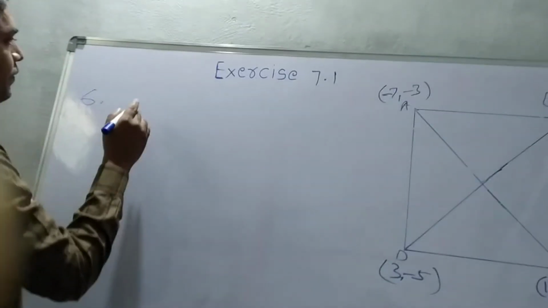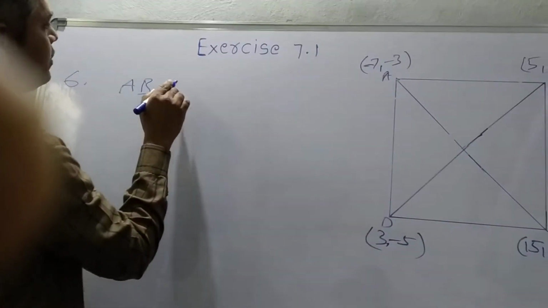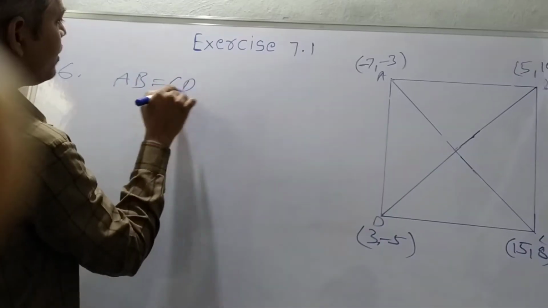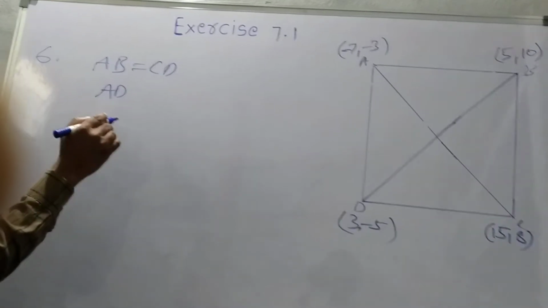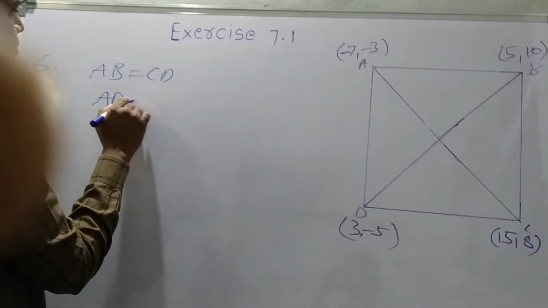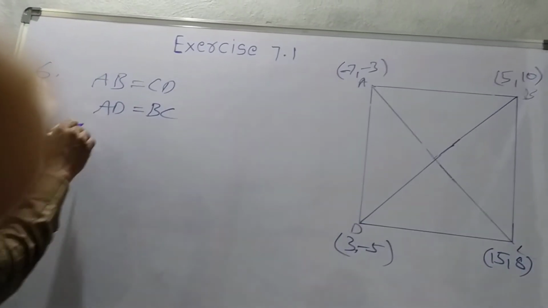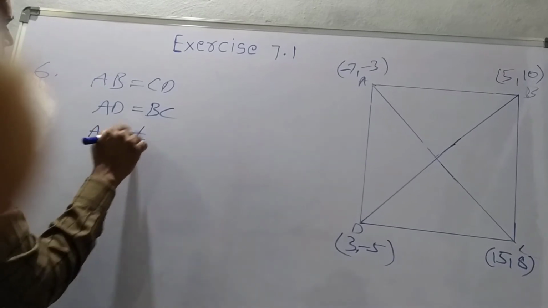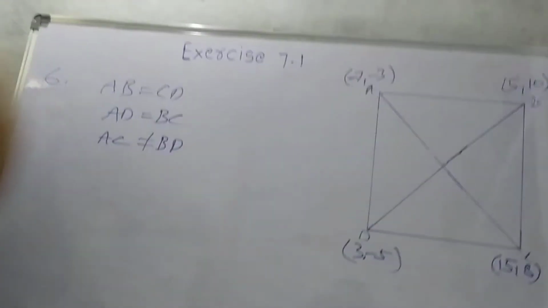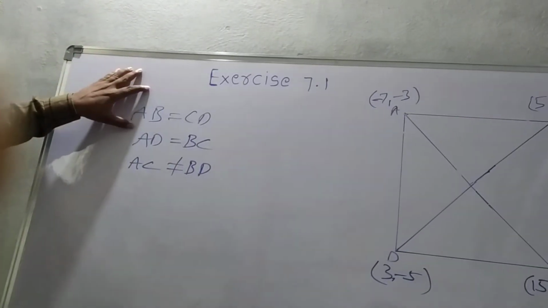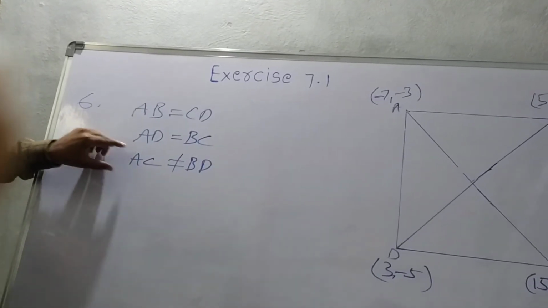Opposite sides means AB is equal to CD and AD is equal to BC, and diagonals are not equal. AC is not equal to BD. This is what we have to prove. First we have to prove AB equals CD, AD equals BC, and AC is not equal to BD using the distance formula.